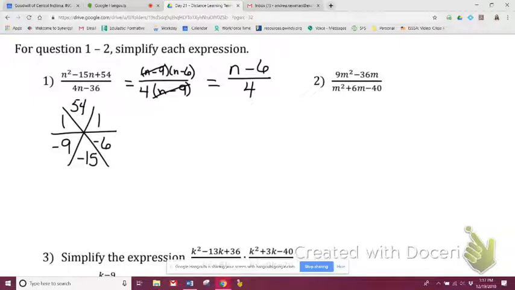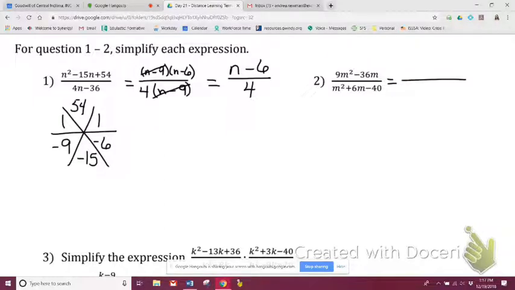Number 2 is kind of the opposite. Now we have a greatest common factor on the top, a quadratic on the bottom, in which we'll have to use our asterisks. So looking at just that top part, what's the greatest common factor? So first thing I want to know is the number. What goes into 9 and 36?